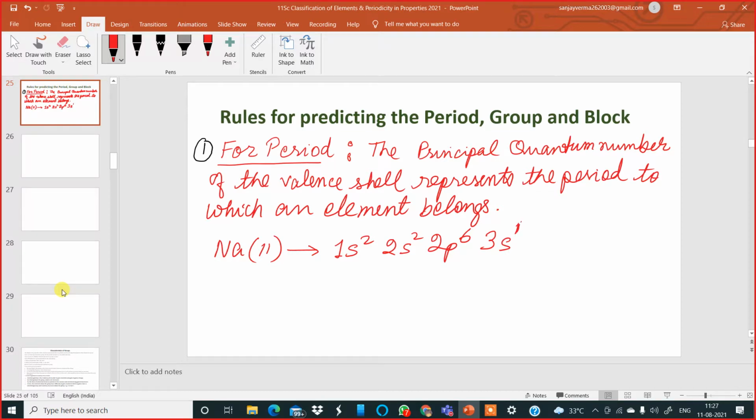The valence electron is this one, so the principal quantum number is 3. So which period? Sodium is in the third period. Did you get it? To get the period, you should look at the principal quantum number of the valence shell.